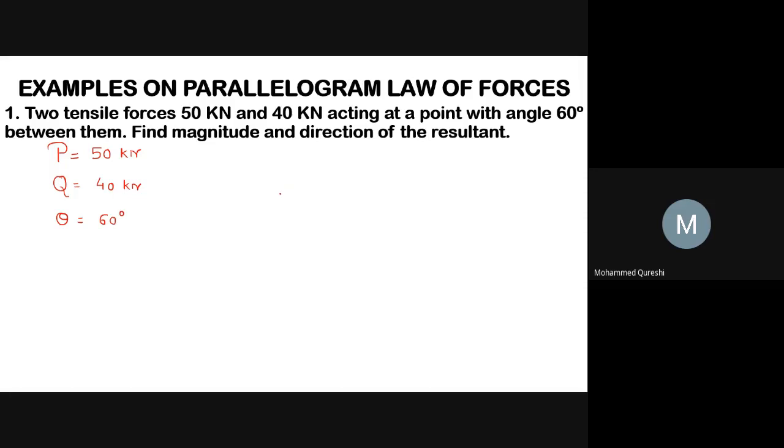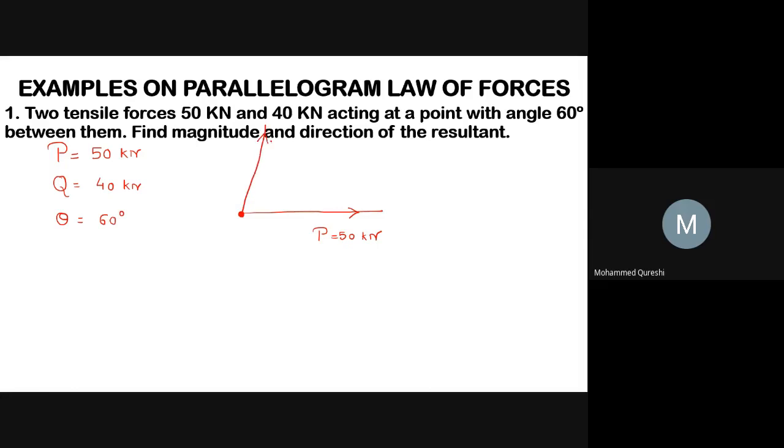So now we are using the parallelogram law of forces. First of all, we will plot the parallelogram. Here P is 50 kilonewton and both forces are tensile, meaning they are going away from the object.